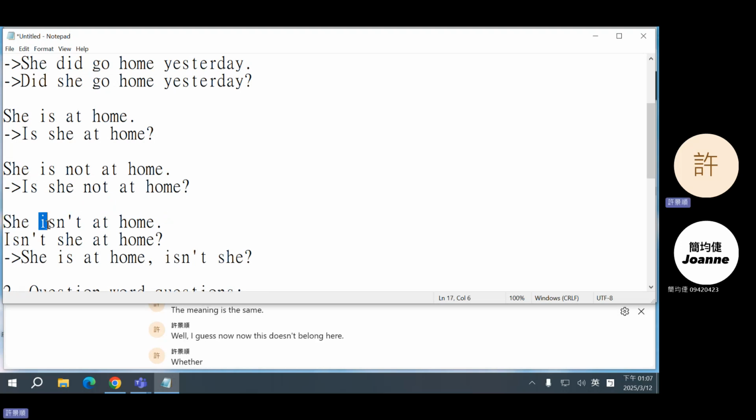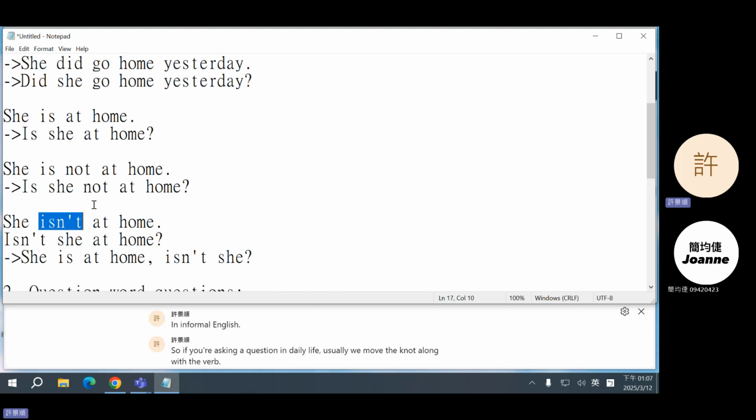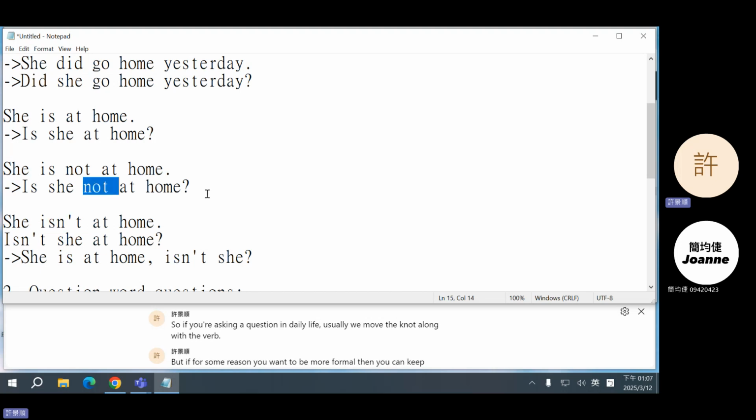Whether you use isn't she at home, or you use is she not at home, the meaning is the same. It just feels more formal if you keep the not in its original place, right? We usually use contractions in speech, in informal English. So if you're asking a question in daily life, usually we move the not along with the verb. But if for some reason you want to be more formal, then you can keep the not in the original place.